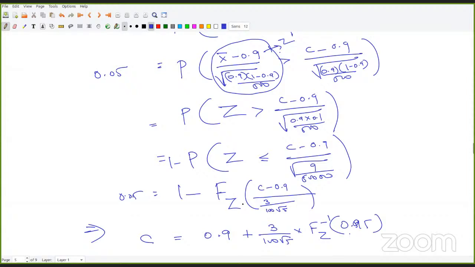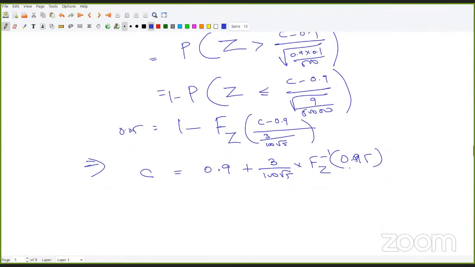You bring this to the left hand side and 0.05 to the right hand side, it becomes 0.95. Then F_Z goes to the right hand side, so it becomes inverse. The denominator you multiply, and then you bring 0.9 also. That is the direct step I have taken. Simplify this, and we know the value of this is 1.65. Just substitute to get the value of C, the critical value.